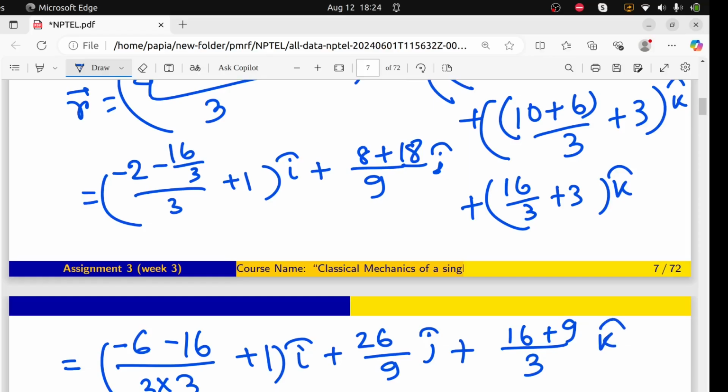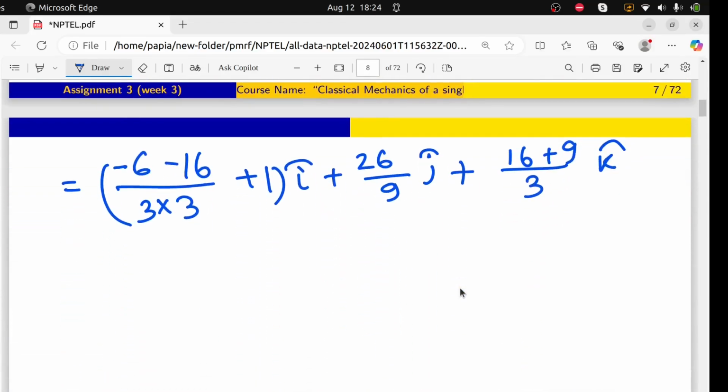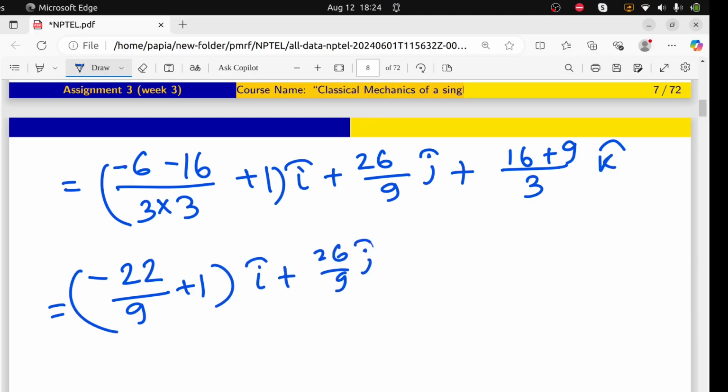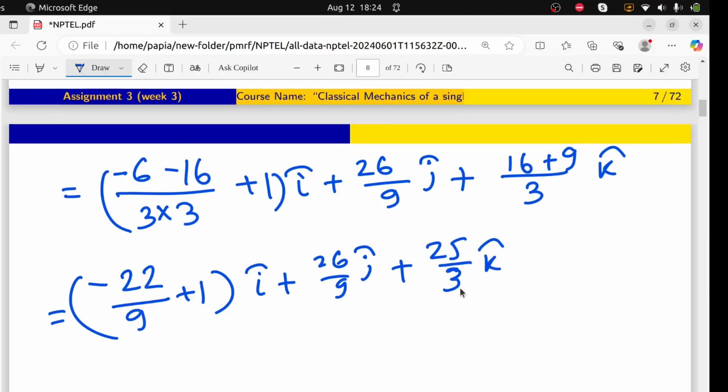So this is the answer. It will be minus 22 by 9 plus 1 i cap plus 26 by 9 j cap plus 25 by 3 k cap.